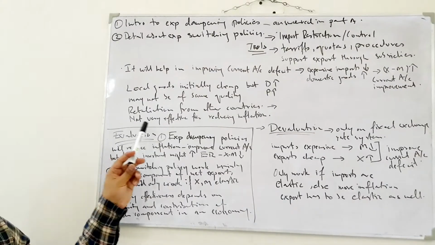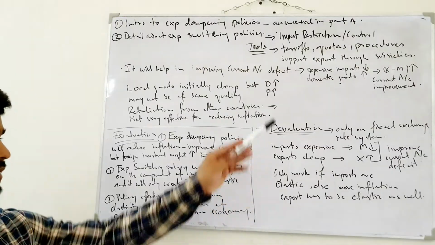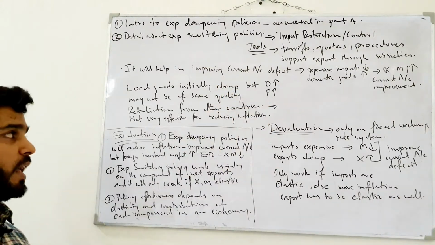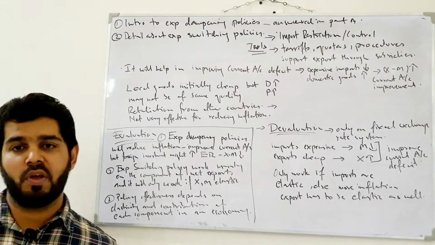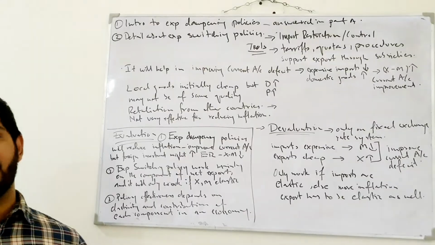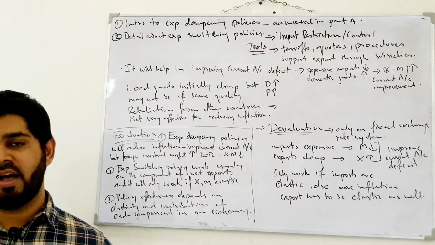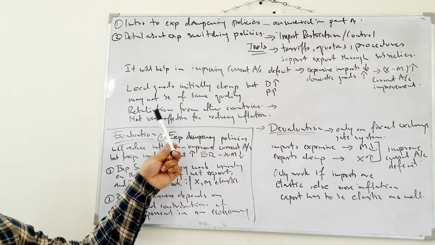So it is not very effective for reducing inflation on one hand, and if you are putting all the tariffs, we have to make sure that the other countries do not retaliate, because if you are a member of a trading bloc, or some kind of agreement between different economies, then you have to be very careful about such policies. So you have to write that as well.